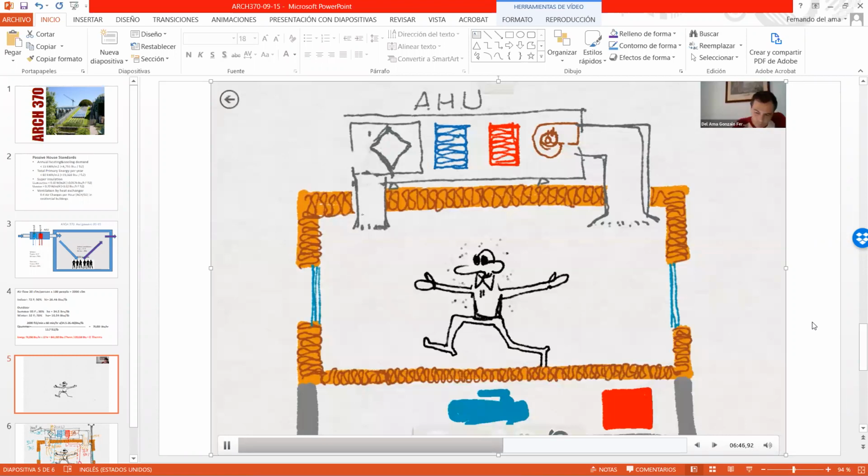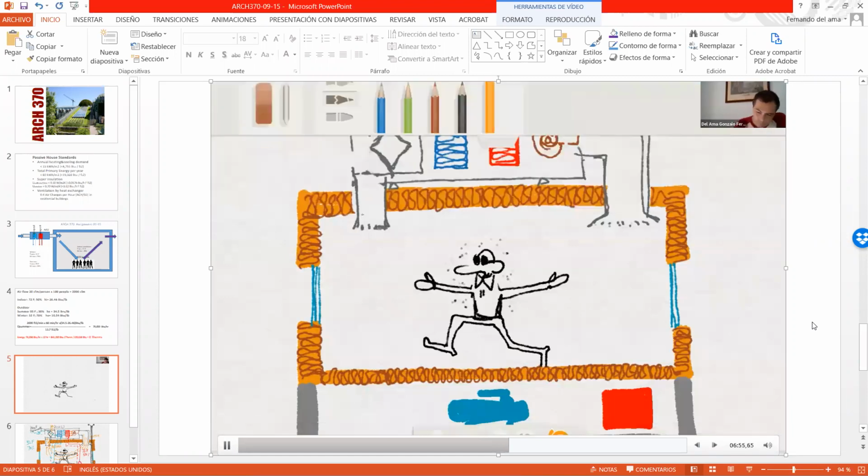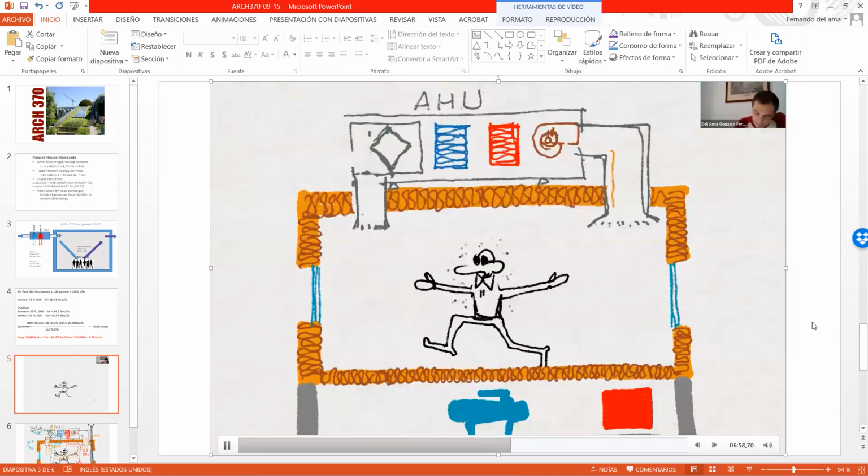So now we will draw the airflow. Okay, so this is the air supply. So we are supplying air at comfort conditions through those grills.